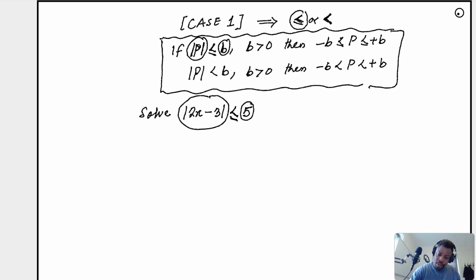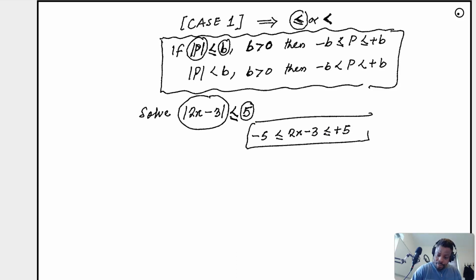And I said for this case 1 to work, B must be greater than 0. You can see our B here is 5, which is greater than 0. So because it is obeying what we have here, I can rewrite this modulus as minus 5 less or equals to 2x minus 3, then less or equals to plus 5.